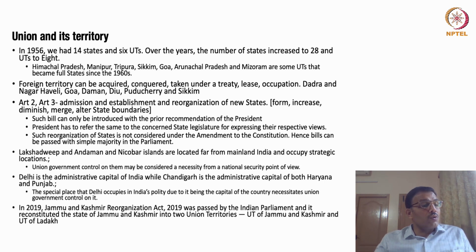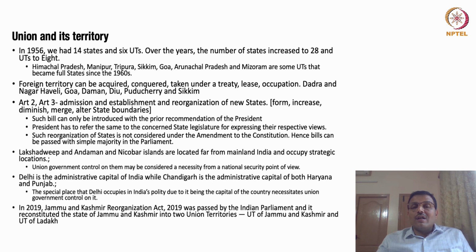Now, friends, moving forward, you will notice that the Union of India and its territory is not confined to the mainland. It also extends to islands, such as the islands in Lakshadweep, which are on the western side of the country in the Arabian Sea, and the Andaman and Nicobar Islands, which are in the Bay of Bengal.